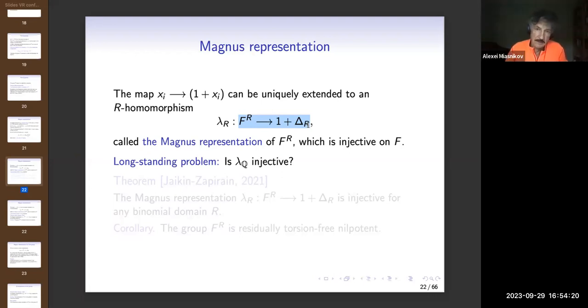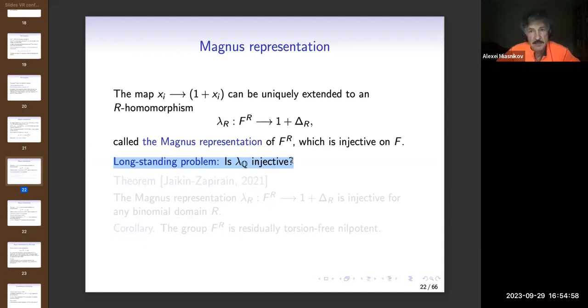Magnus did not do it like that, but he did it for Z, and he considered it for Q as well, and for some other rings. But a long-standing problem is whether this map is injective when R is Q. And I remember that Gilbert was obsessed with this problem, as well as Remeslennikov.